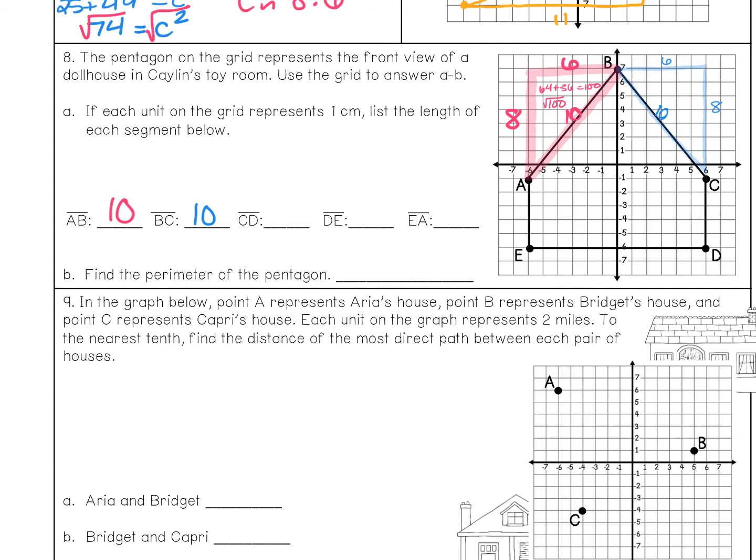Now looking at CD, that's a straight side. I don't need to use the Pythagorean theorem for that. I can just count it. So that's 1, 2, 3, 4, 5 units.